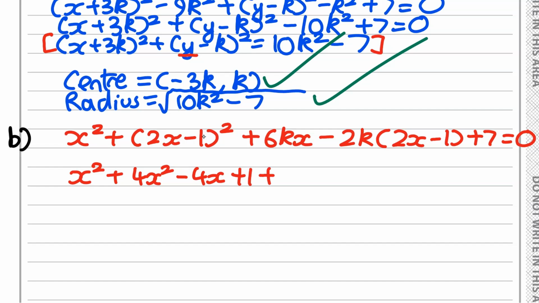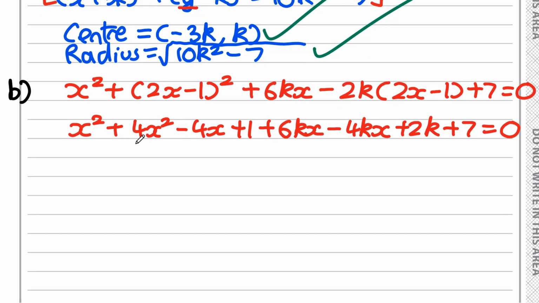Then we've got plus 6kx, and then minus 2k times 2x, which is minus 4kx, and then minus 2k times minus 1, which is plus 2k. Then we have plus 7 on the end, and this is equal to 0.